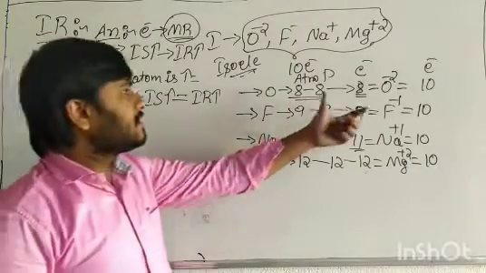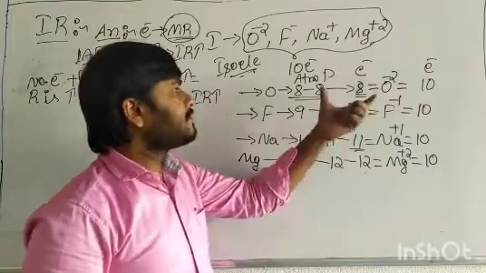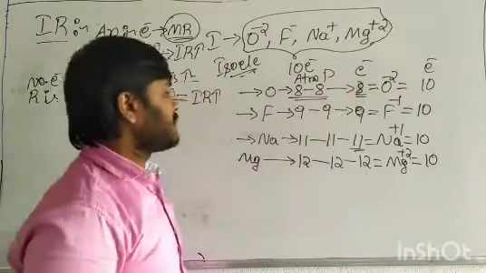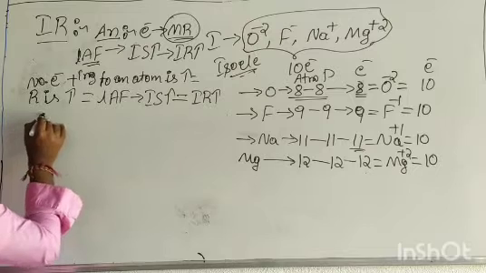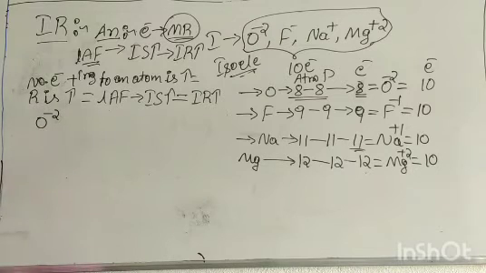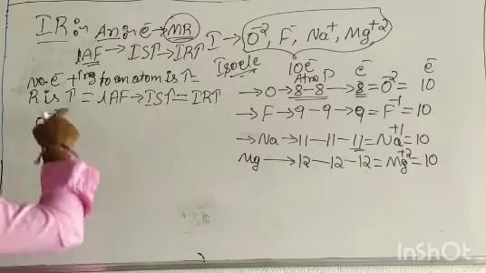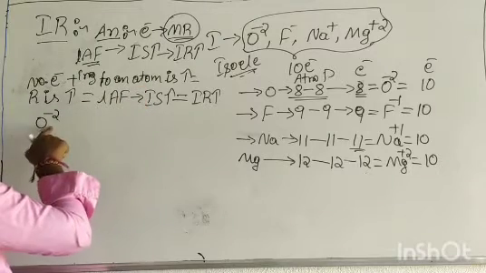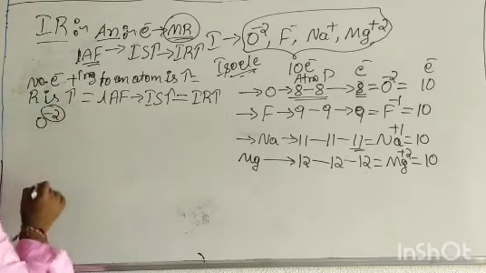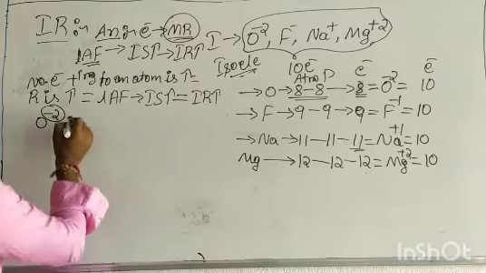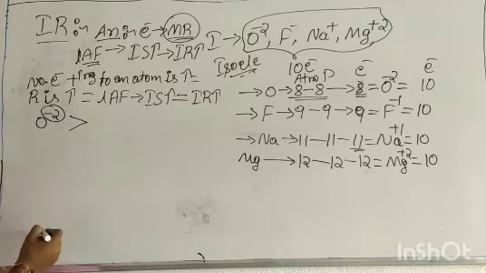Look at the examples here. Which one has the more negative charge? Obviously, O minus 2 has the more negative charge, which means we are adding more electrons, 2 electrons. So its ionic radius is more.